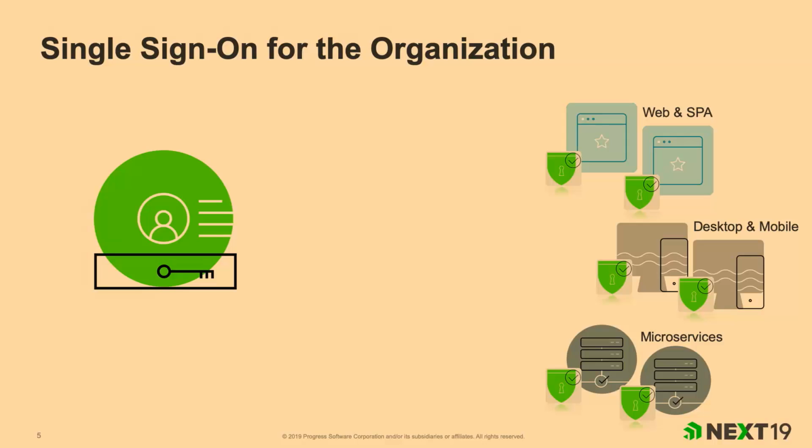So, single sign-on. Historically, businesses used to have a single main system or single application they used. Usually it was a desktop app, and then this was moved to the web. But nowadays, things change. There is a SPA application now, there is mobile as well, and then come microservices.